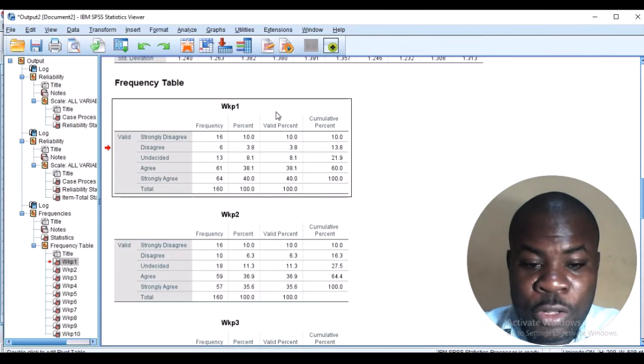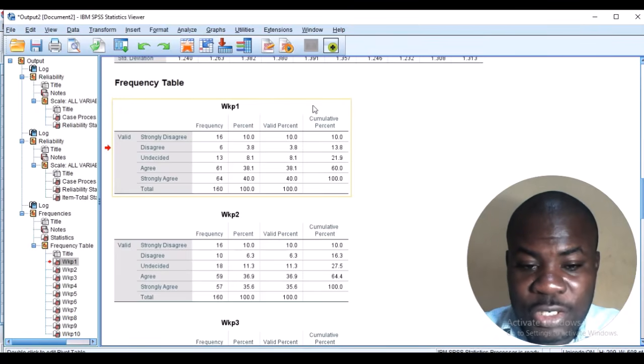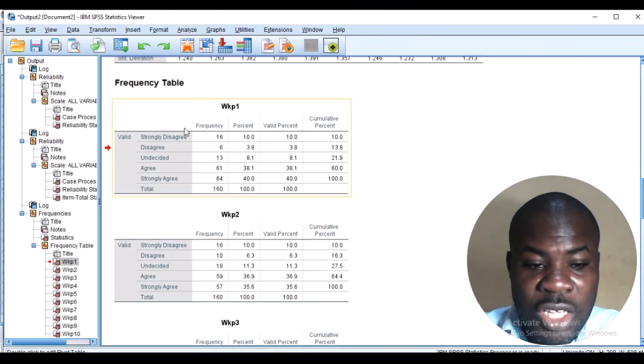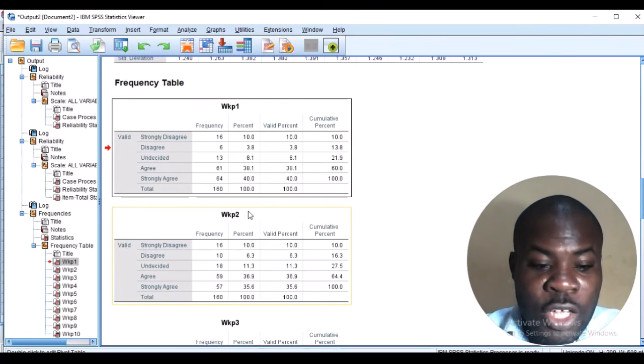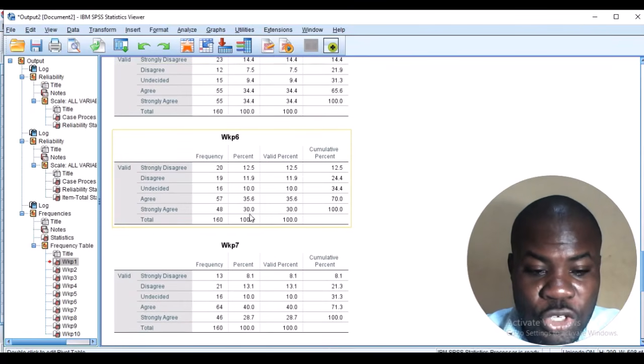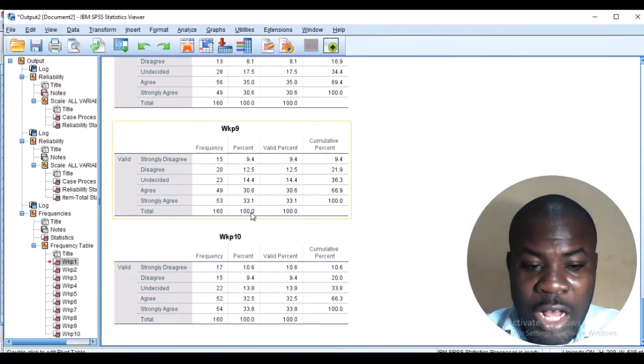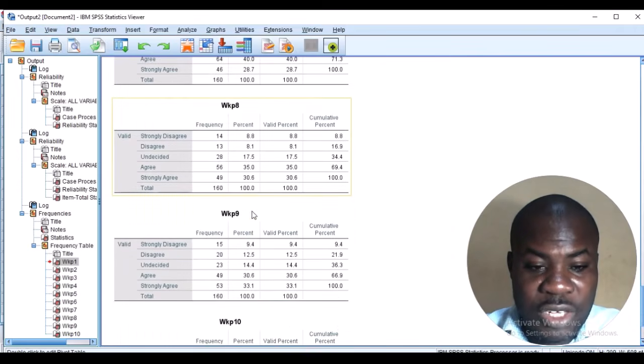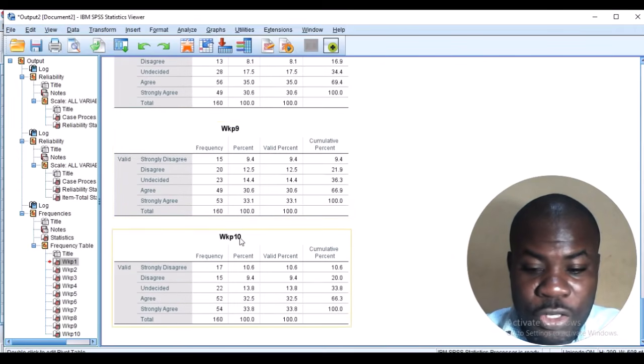So basically, these two columns here, you actually don't need them. What you need to focus on is the frequency column and then the percentages. Same thing across the individual outputs it has produced from item 1 to item statement number 10.